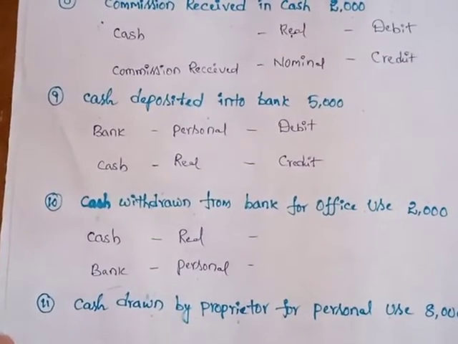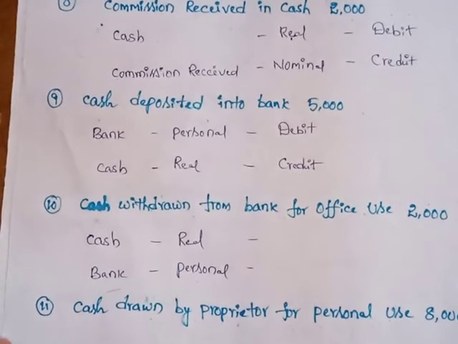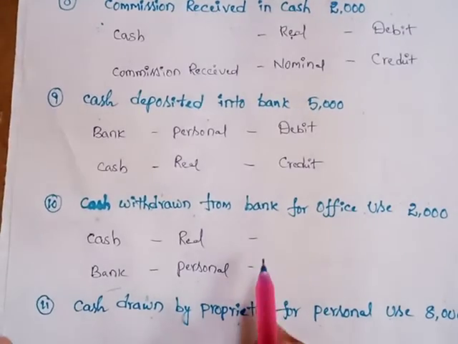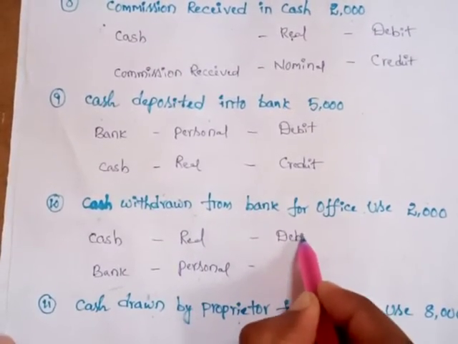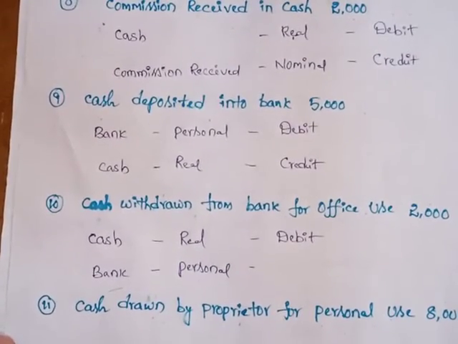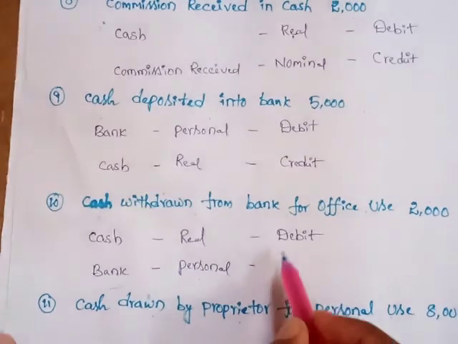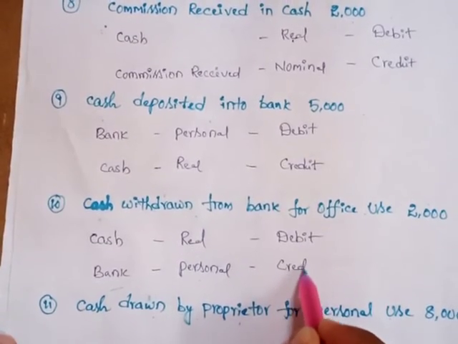So when we withdraw cash from bank for office use, cash will come into the business. According to real account, what comes in? That will be debit. And here bank is a giver, that's why according to personal account, giver will be credit.